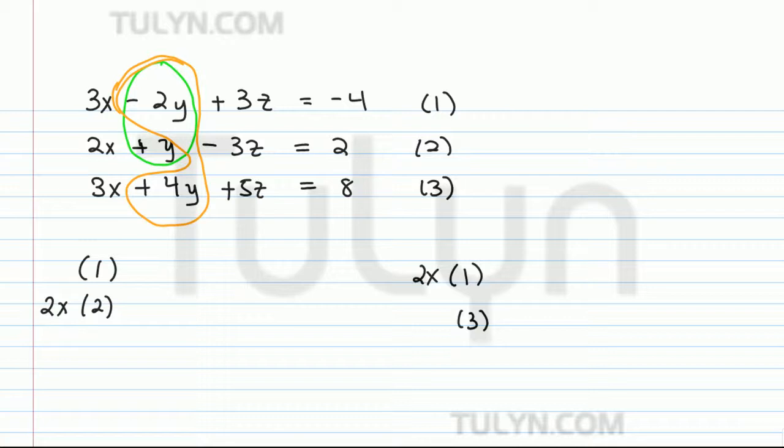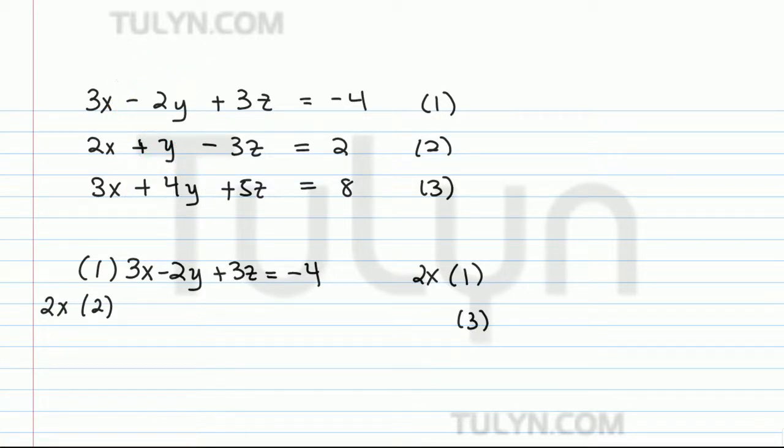Let's see if we end up doing this right. Equation 1 for the first set, we're just going to write as normal: 3x minus 2y plus 3z is equal to negative 4. And for the second equation, we want to multiply everything by 2. Multiplying every single term by 2, we get 4x plus 2y minus 6z is equal to 4.